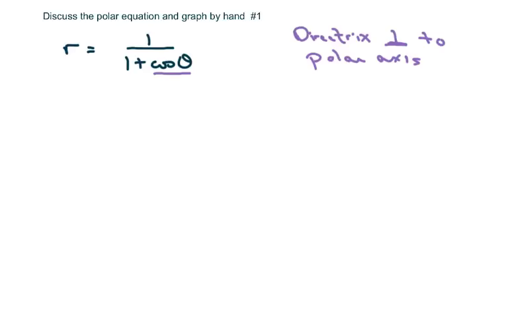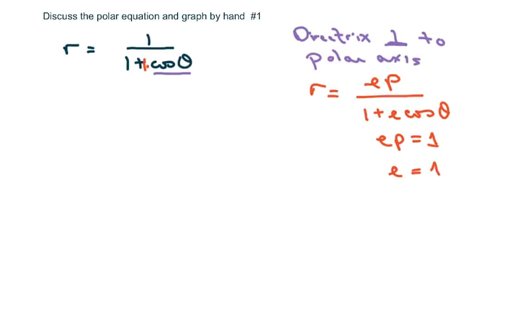And let's look at the equation now. It has the form r equals ep over 1 plus e cosine of theta. So my ep equals 1. My e equals 1.